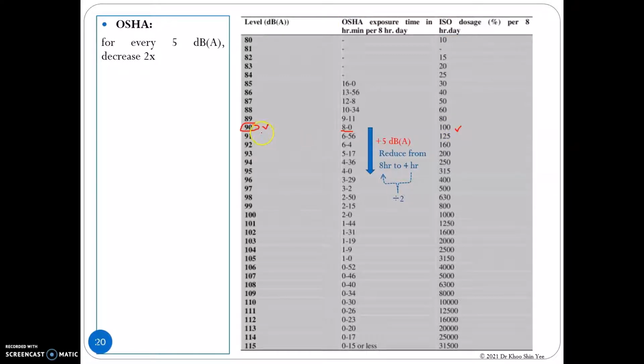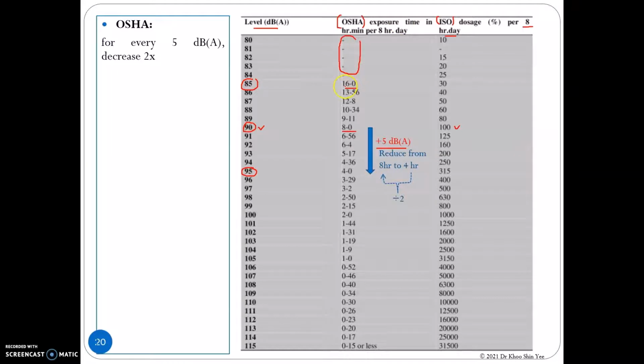From the table, we can see that if we increase from 90 dBA to 95 dBA, the maximum exposure time will reduce from 8 hours to 4 hours, which means for every 5 dBA increment, the hours will be reduced by half. So this is for the OSHA standard, and we can use this relationship to find the information that is not provided here. So you have 85 dBA, which is equal to 16 hours for the OSHA exposure time.